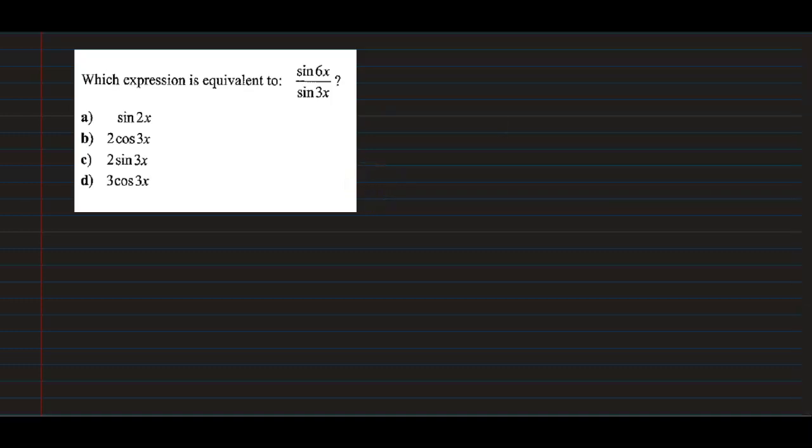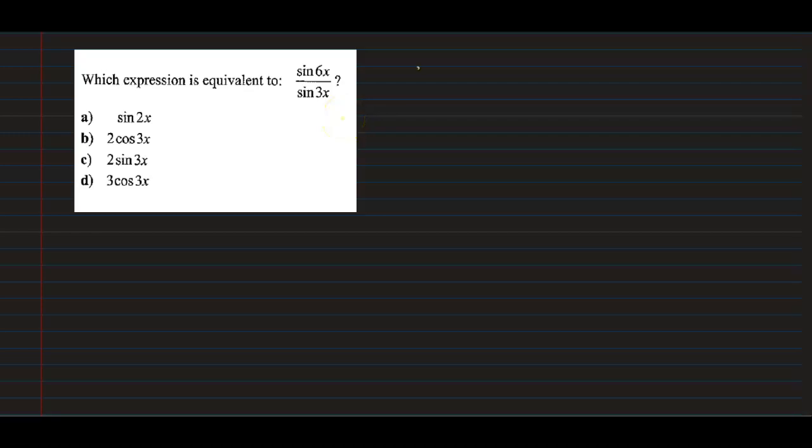But as long as you stay within the concept of the trigonometric identity, then you'll be okay. But you have to manipulate the sine 6x in a way that you can actually work through this fraction.